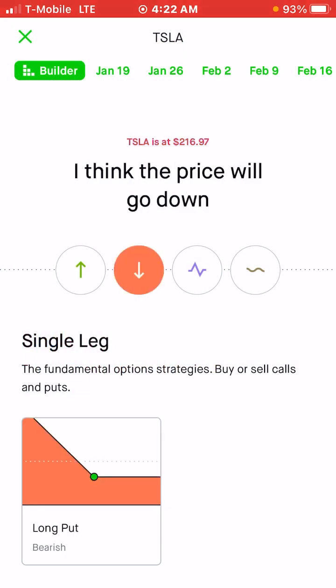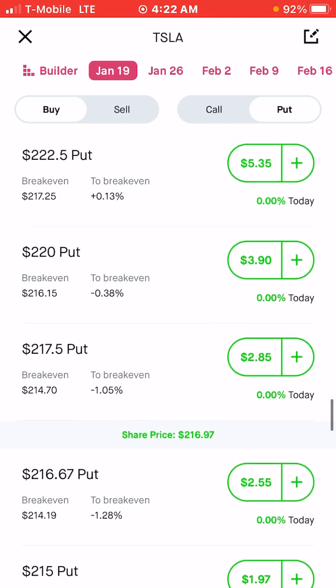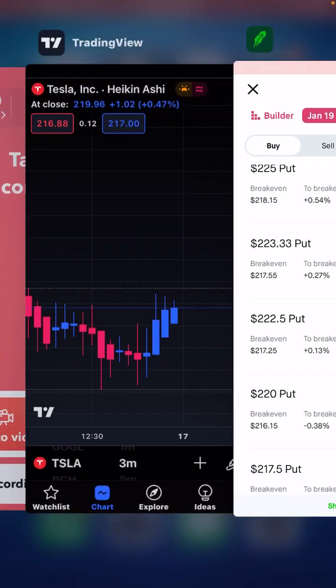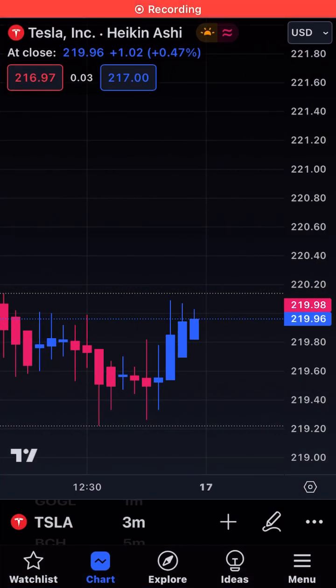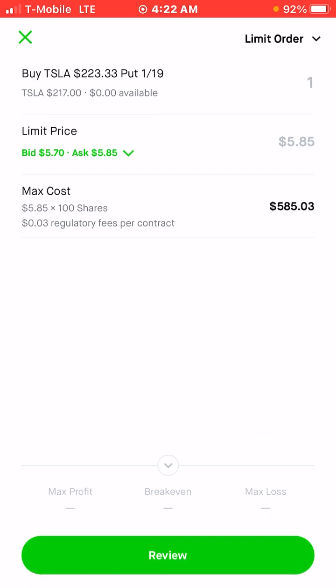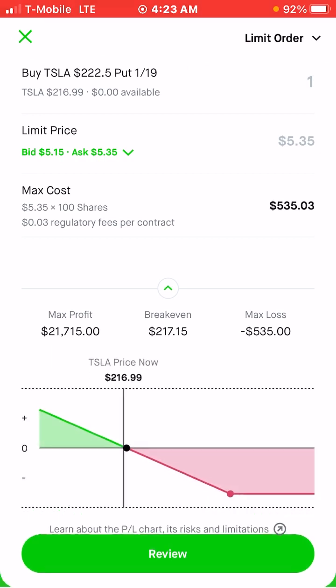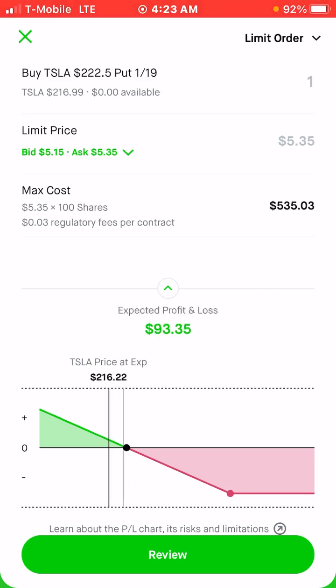So let's say we're checking to see if we're going to do a put here to see how much it would cost, because it looks like it might start going down if you want to base it off of that. But let's see how much it costs. Not bad. I thought it'd be more expensive, but right here you got about $535, and you just have to wait for the signal to hit the chart for the uptrend candle on the 3 minute to get weaker, and then you can collect your profit.